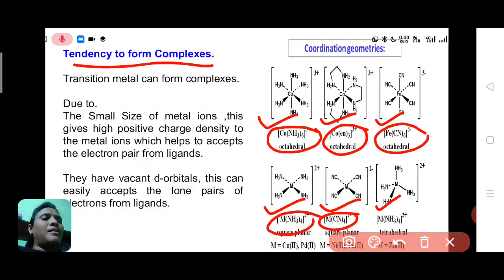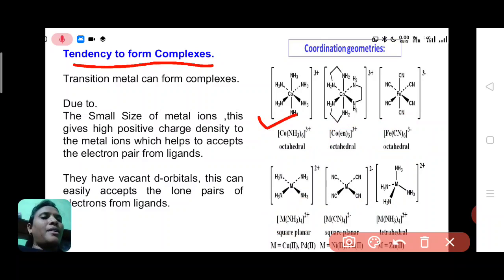M means metal. So these are some complexes, and these complexes are formed by forming a bond between the central atom, cobalt, and these ligands. Here NH3 is a ligand. Here diethylamine is a ligand.